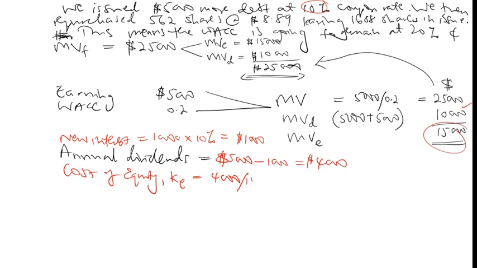It's now 15,000. Okay, and this means the cost of equity is now 26.667%. All right. So what about the market value per share?